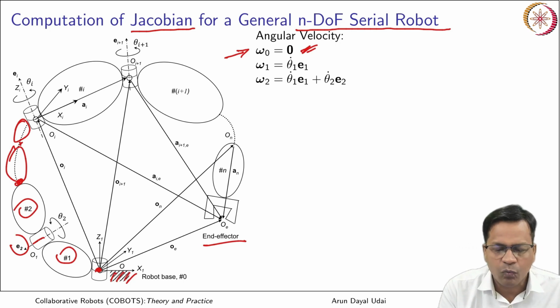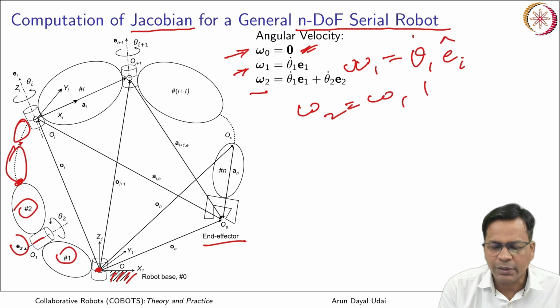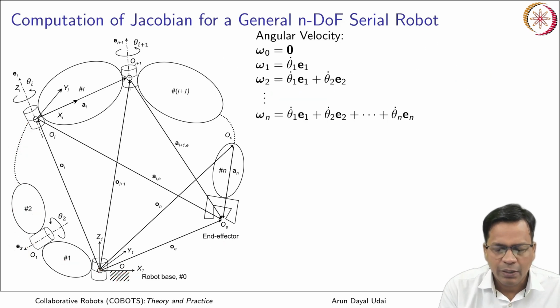How much is omega 1? Omega 1 is equal to theta 1 dot, that is the magnitude, and along the axis vector, okay. So this is your omega 1. Similarly, omega 2 will be equal to omega 1 plus angular velocity of the joint 2, this is the magnitude, and axis vector 2. So that is how it will propagate, and finally omega n will be equal to this.